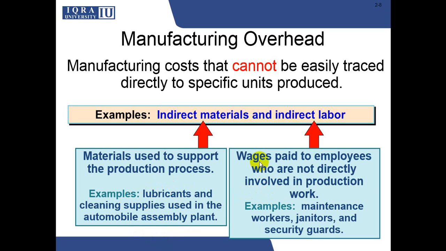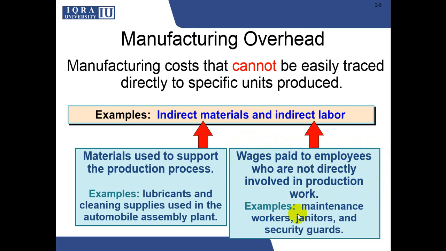Now, what about indirect labor? Wages paid to employees who are not directly involved in production work. The assembly line worker was the direct labor, but here we are discussing indirect labor: wages paid to those employees who are not directly involved in production.